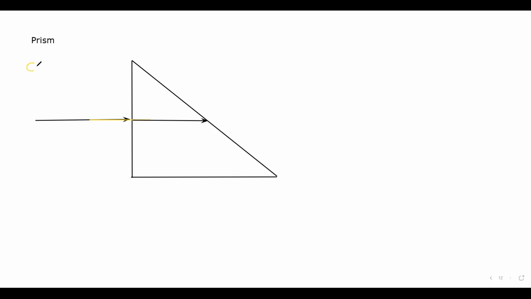So when the light is passing, if it is passing along the normal, it will pass straight. Example, the critical angle of a prism is 42.